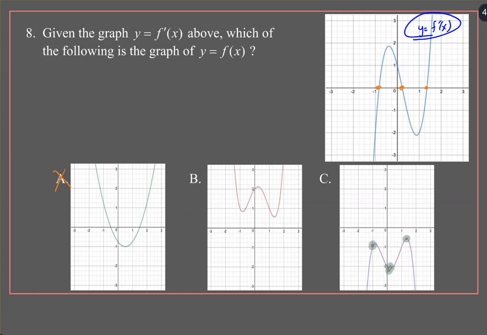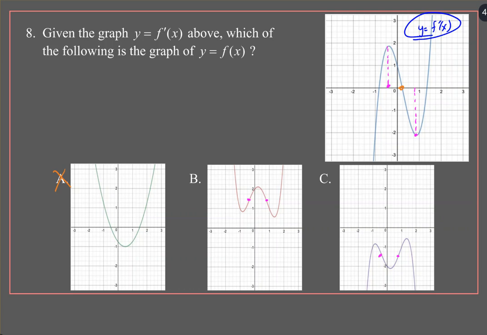We could look at the second derivative. The second derivative are going to be the max and mins of here, and they're going to be our points of inflection. If I look at these points here, it's a max on f prime of x and a max over here, which means that it's going to change concavity somewhere about here and here. Notice they both change concavity there, here, and there.